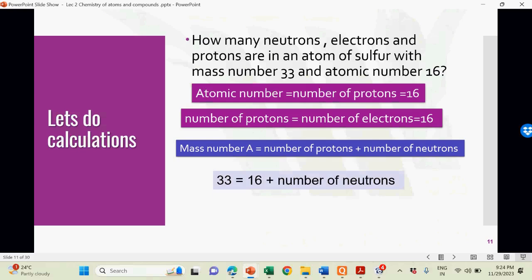So the remaining, 33 minus 16, equals 17, which is the number of neutrons. Fine? Yes, fine.